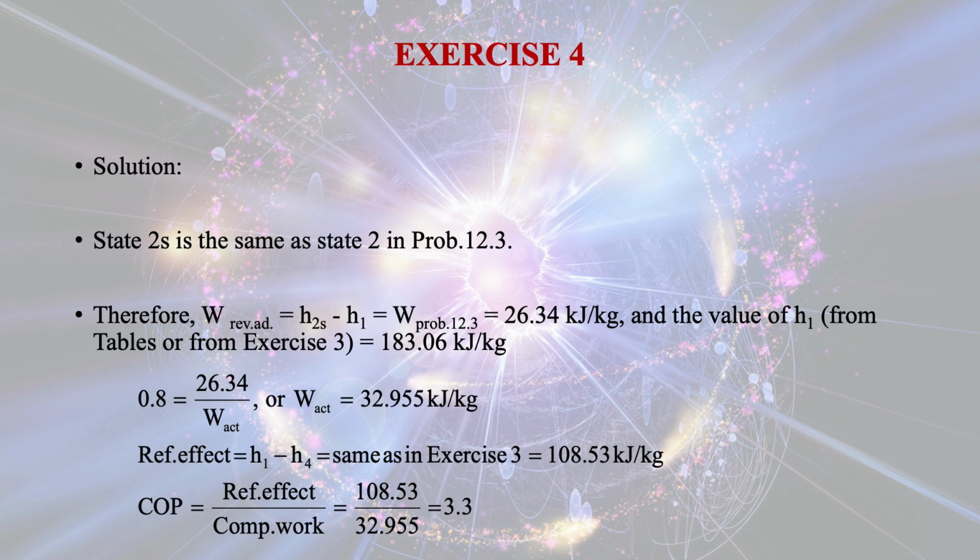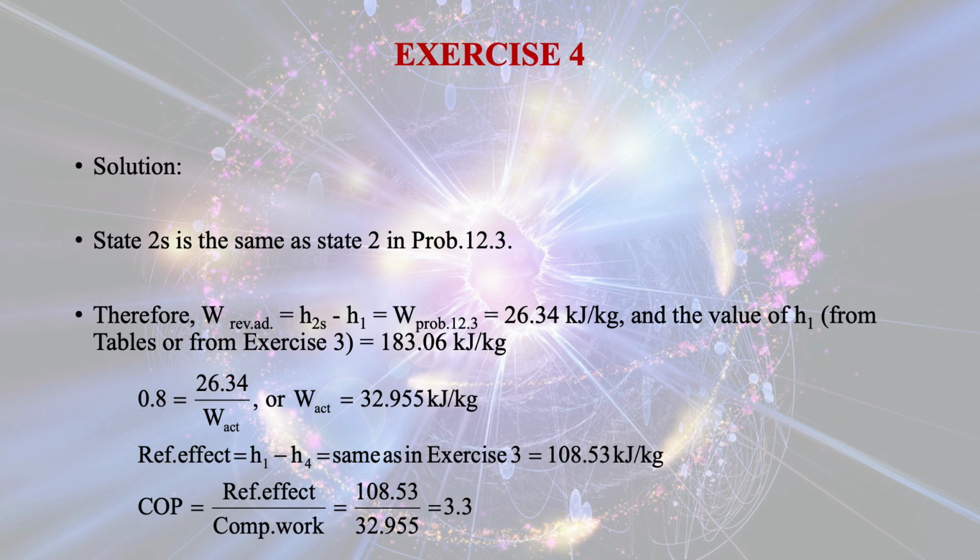The state 2s is the same as state 2s in exercise 3. Therefore, the reversible work is equal to H2s minus H1, which is 26.34 kJ per kg, and the value of H1 is 183.06. So from the expression for the efficiency of the compression, we can write 0.8 is equal to the reversible work divided by the actual work.